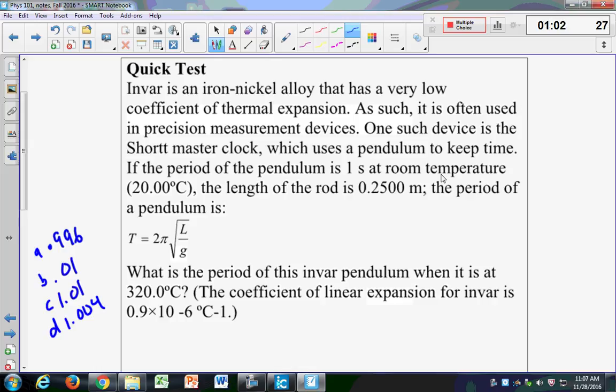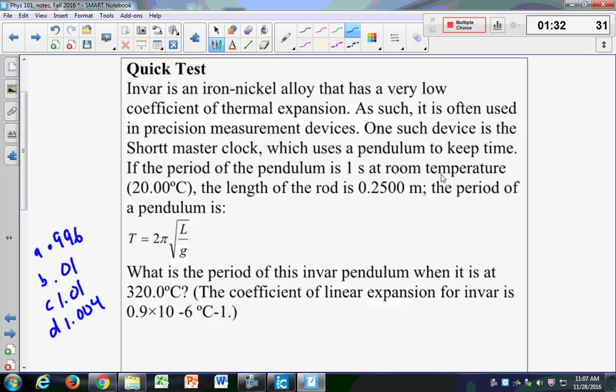By the way, guys, on a multiple choice test, you should look at the answers first and just ask yourselves which of these are not reasonable, which of A, B, C, or D is not reasonable. One or more of those. Why is B not reasonable? Because it makes it smaller. Right, because when you heat up this pendulum, it's going to make it longer, and if I increase L, that's going to increase T by some amount. We're not really sure by what amount.